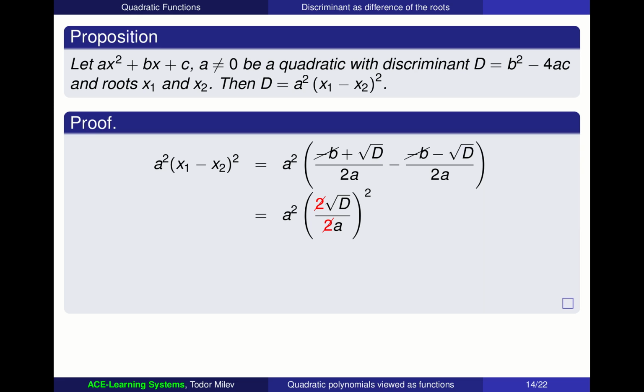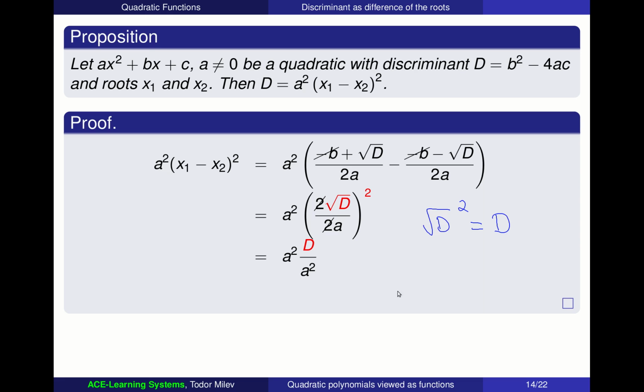The 2's of course cancel. Now, when I square radical of D, I get D, right? So radical of D squared is equal to D. Just a reminder, this always holds.